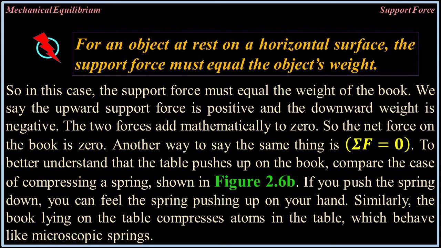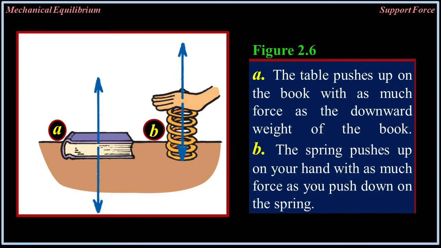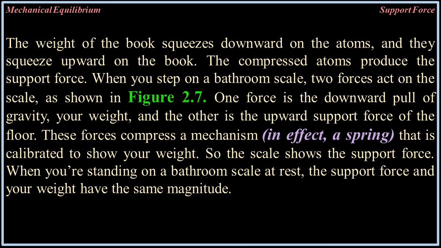And here is another view of figure 2.6a and b, the book and the spring. Notice the downward force and the upward force. The weight of the book squeezes downward on the atoms, and they squeeze upward on the book. The compressed atoms produce the support force.